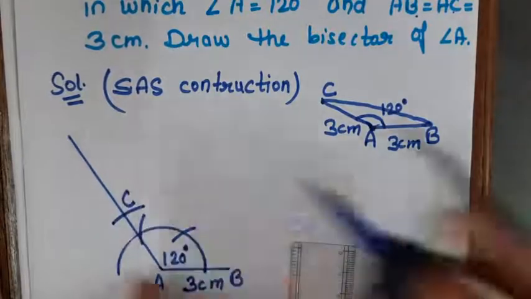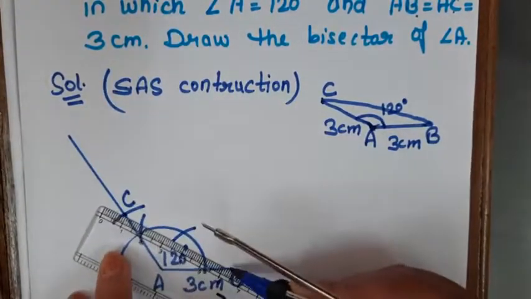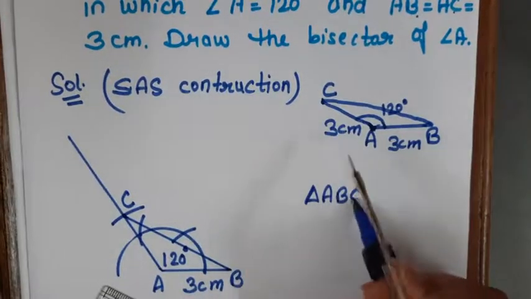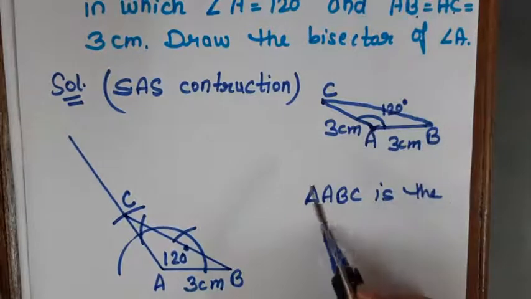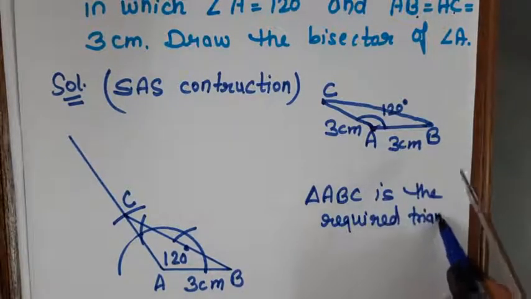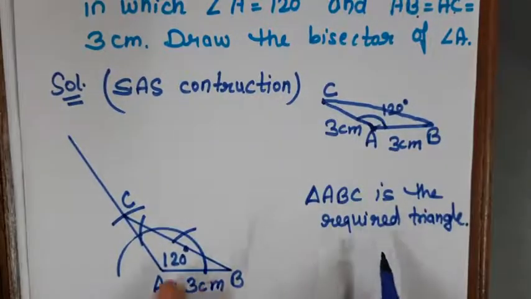So C point is this. Now join C point with your B point and we get the required triangle. Triangle ABC is the required triangle. Now one more thing we have to do, draw the bisector of angle A.